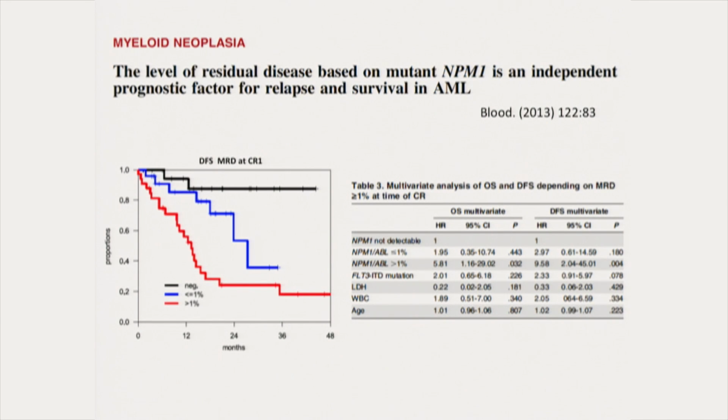Most knowledge has been accumulated on AML with 8;21 translocation or AML associated with a mutated NPM1.